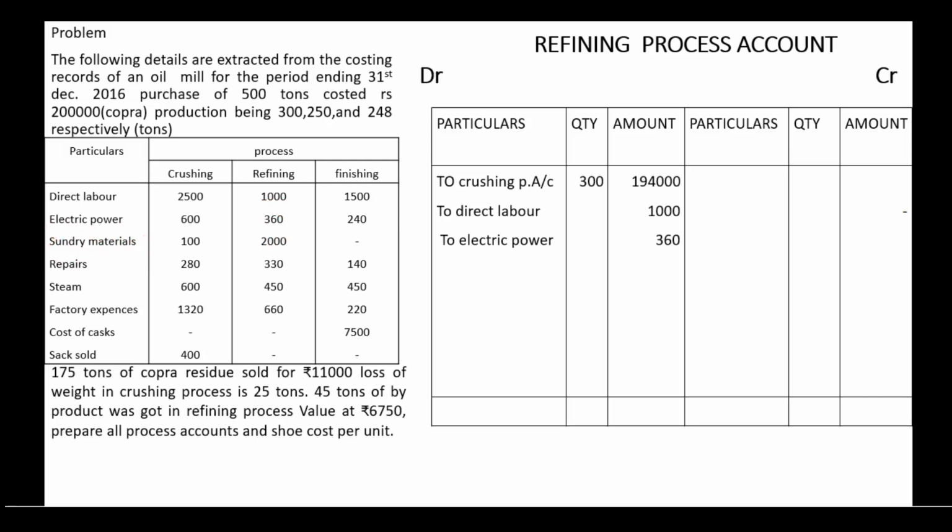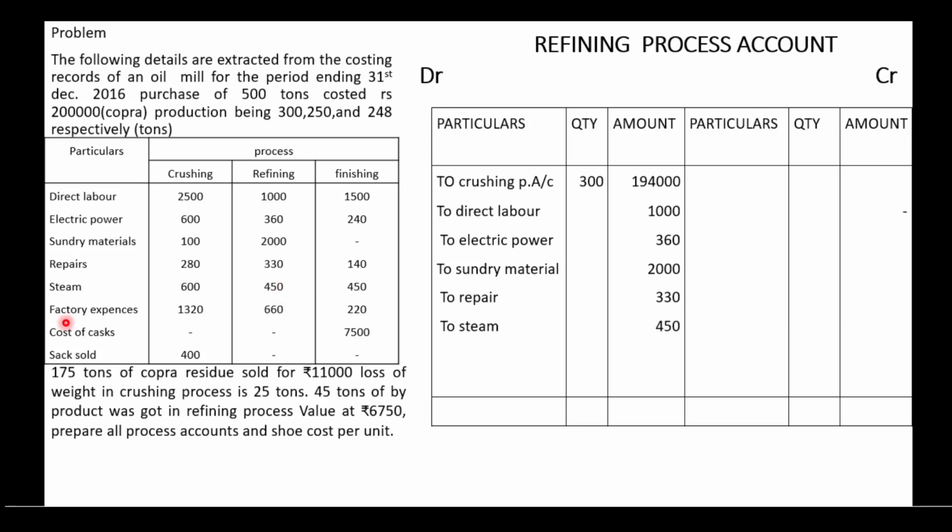Sundry materials. To sundry materials, amount of the refining 2,000. Repairs, amount 330 rupees. And the next, steam. To steam, the amount for the refining 450 rupees.